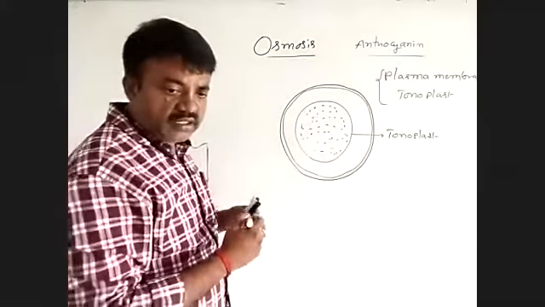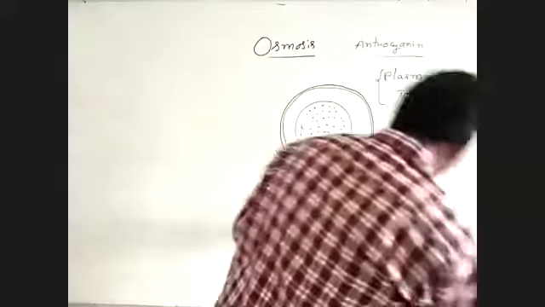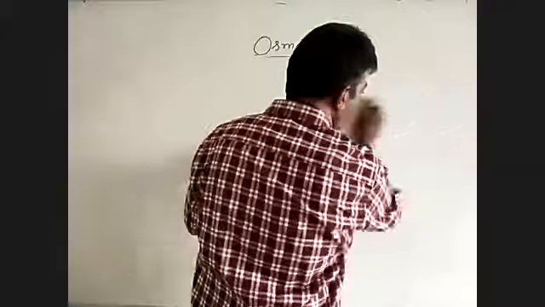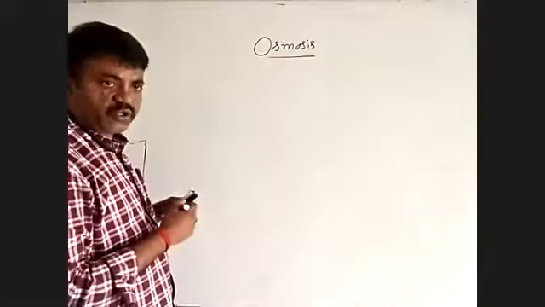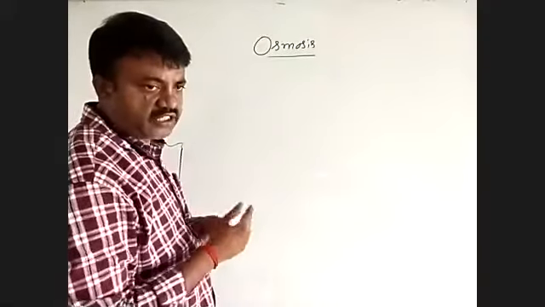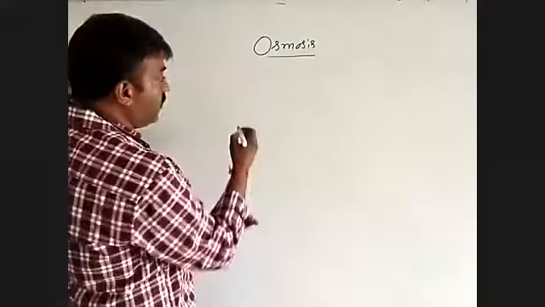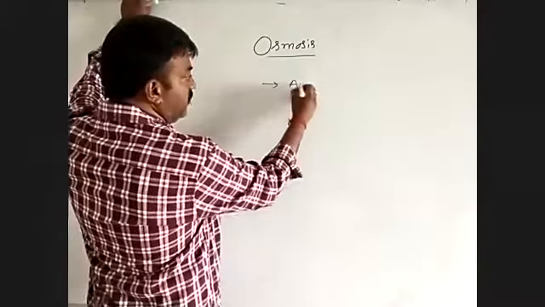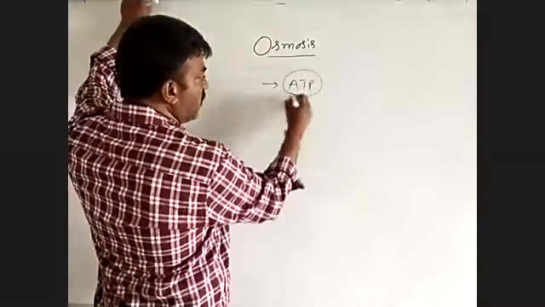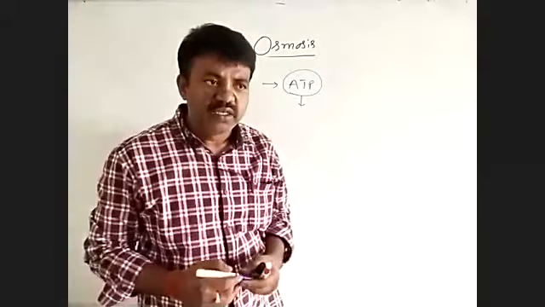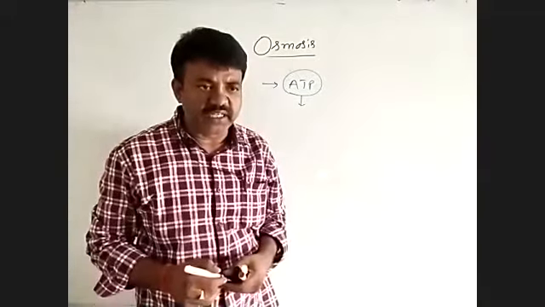In the last class, we discussed that the movement of water from a high water potential area to a low water potential area through a semi-permeable membrane is called osmosis. Very important: ATP does not participate. ATP is not utilized, so it is an ATP independent process.